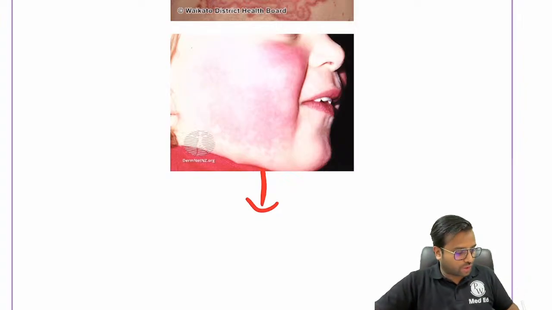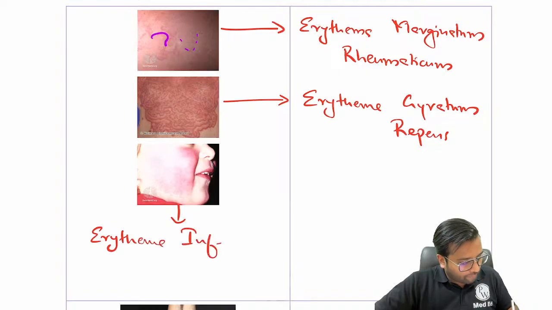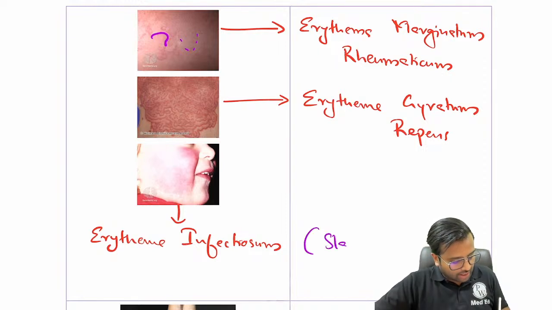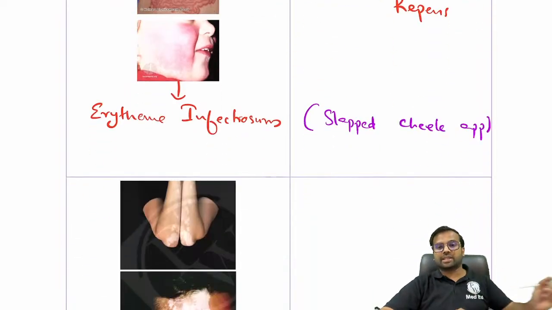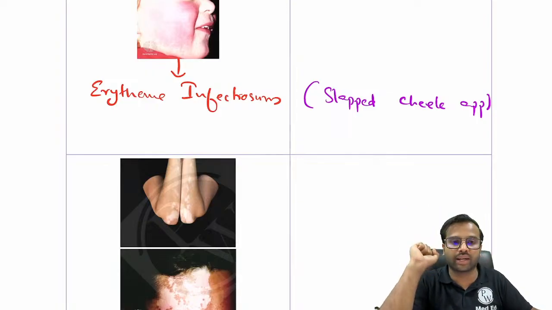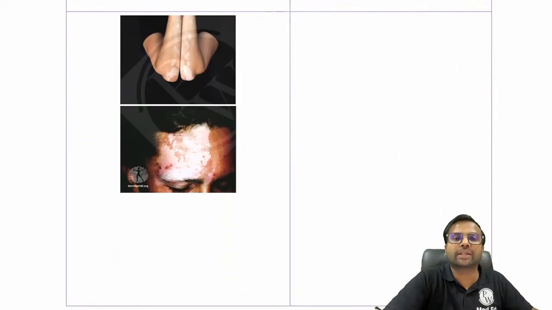Erythema infectiosum, because this patient has a slapped cheek appearance. It can be seen in fifth disease, right? It can be seen in fifth disease. So just moving further now.